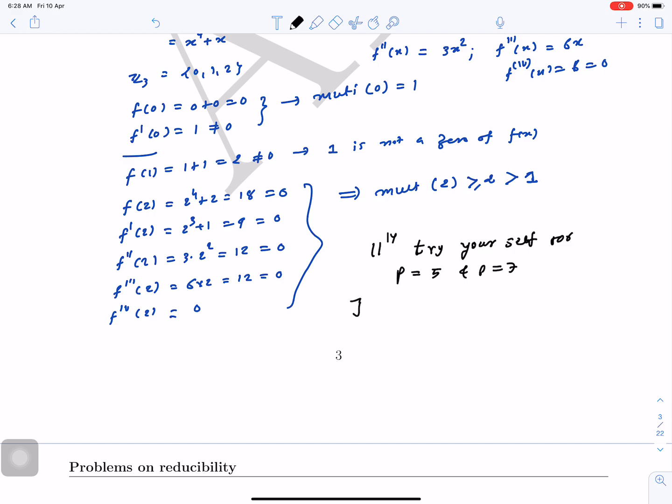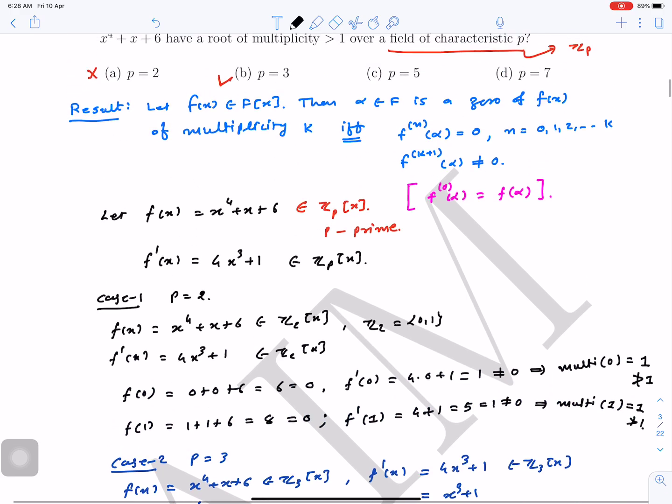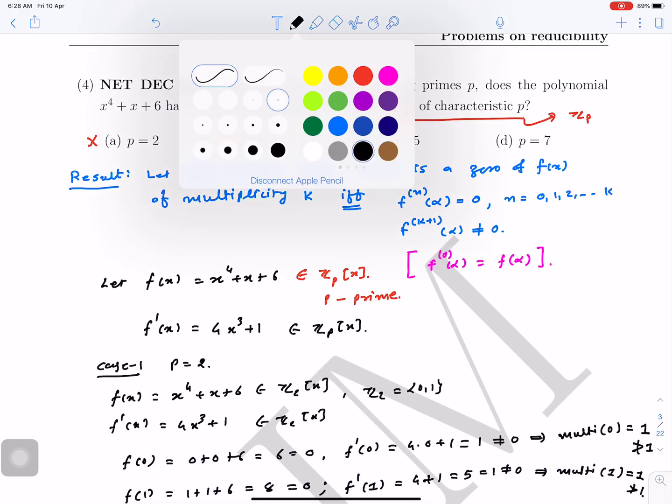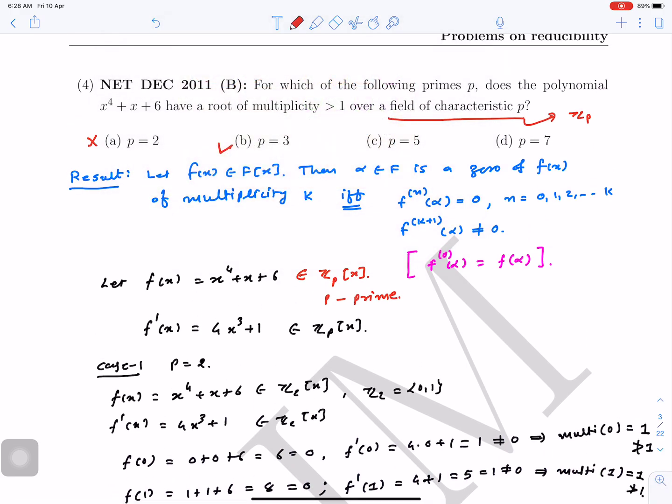There does not exist any 0 of f(x) having multiplicity greater than 1. So options C and D are not correct.